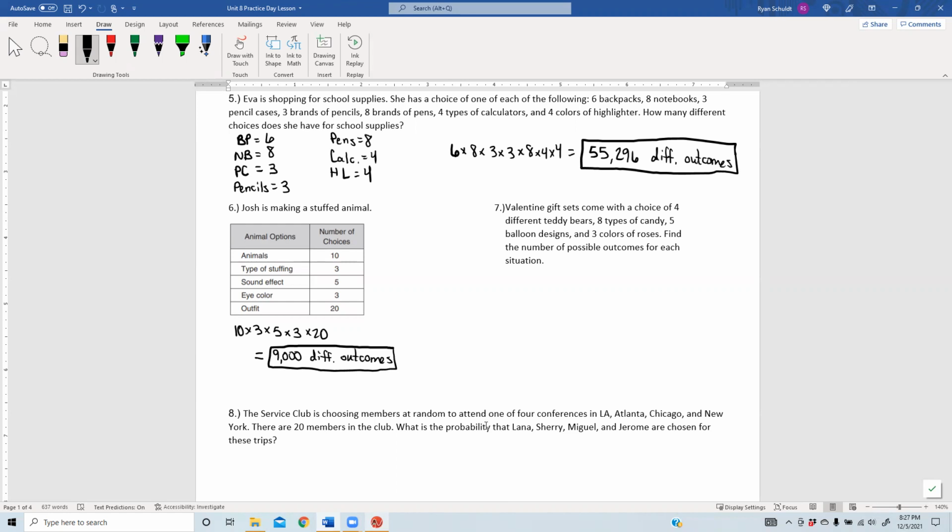Number 7, Valentine gift sets come with a choice of 4 different teddy bears, 8 types of candy, 5 balloon designs, and 3 colors of roses. Find the number of possible outcomes for each situation. Okay, so let's see what we have. We have teddy bears, and there's 4 different types.